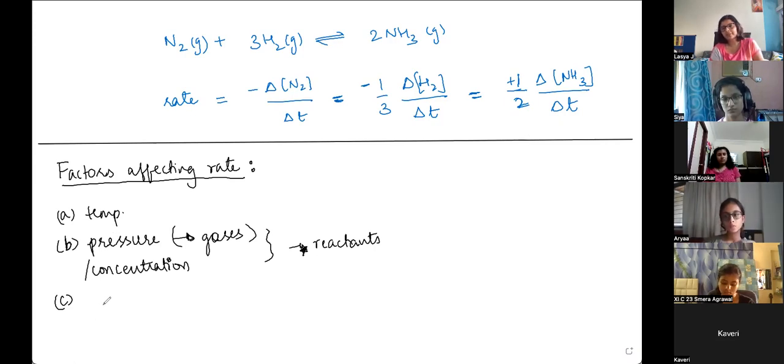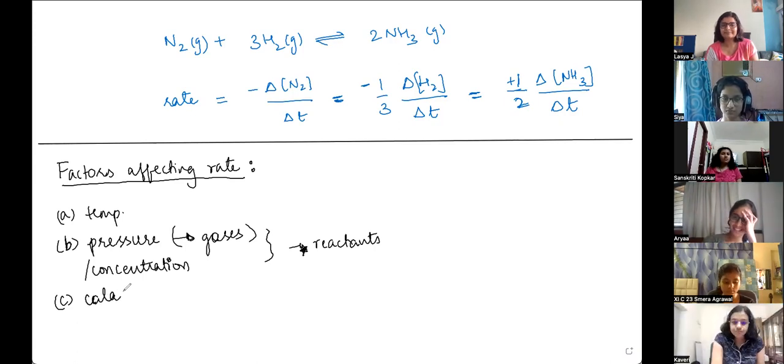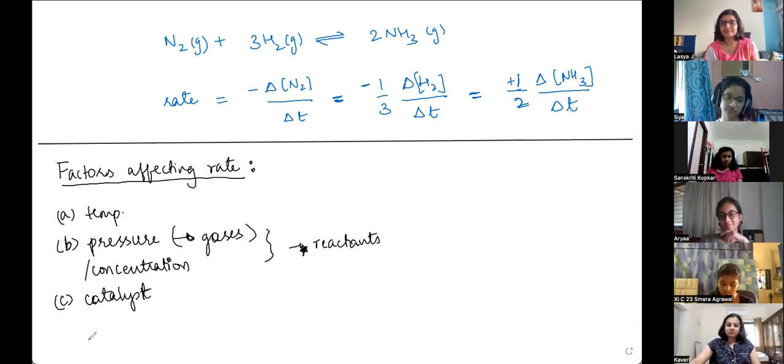What else do you do? Think of all the reactions that you've come across. What are the different conditions you've come across? Catalyst is one, yes. So catalyst also affects the rate of the reaction. You use a catalyst in order to speed up reactions, make it easier for them to happen.